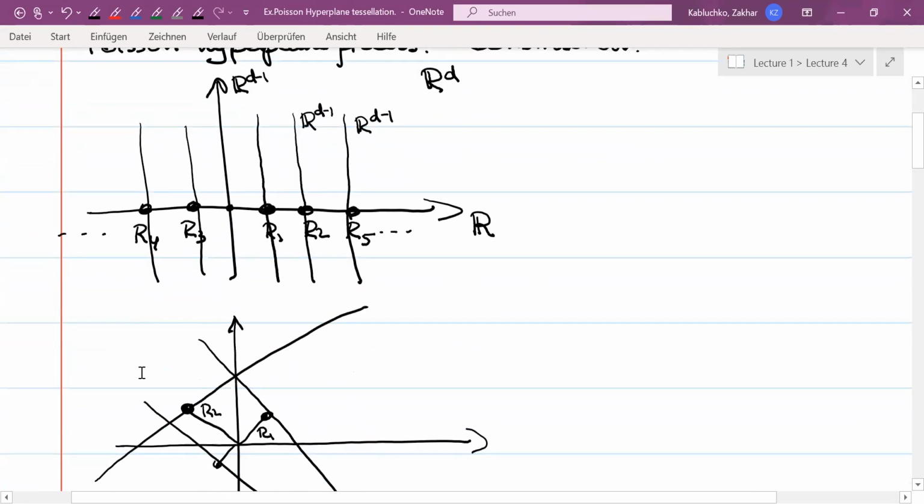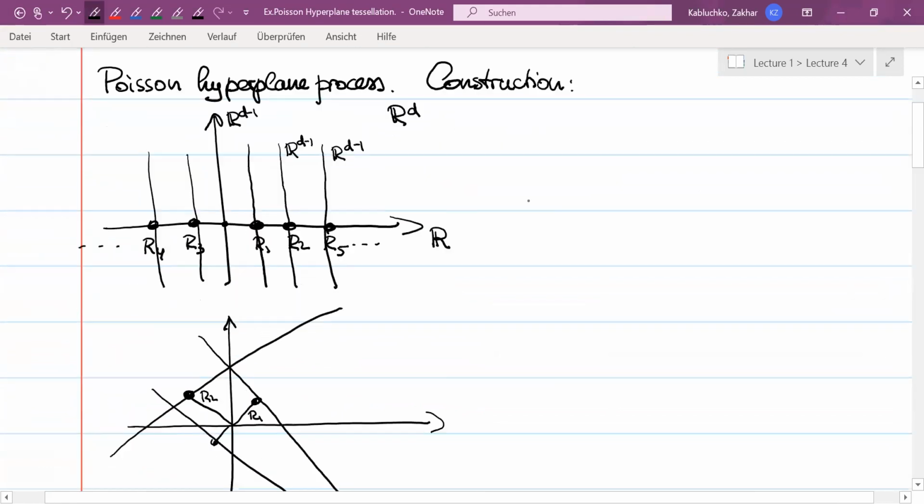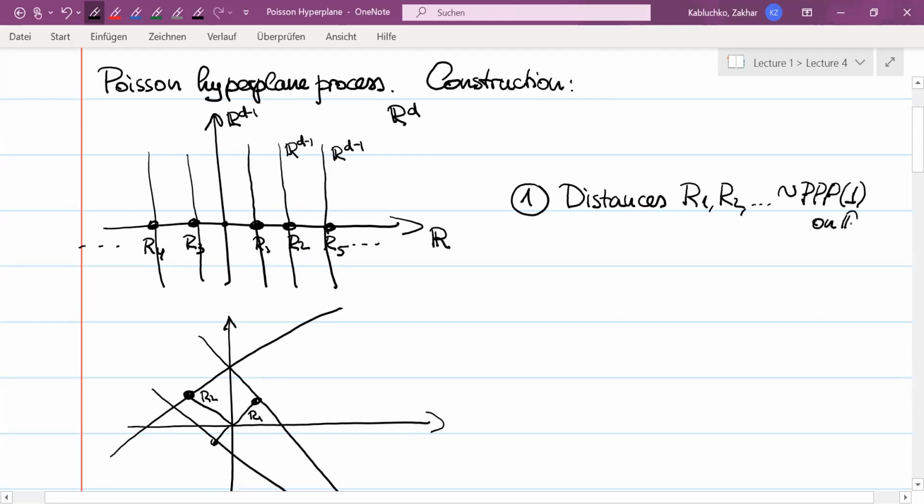Now, in general, the same can be done for hyperplanes, and here is maybe a more precise version of this construction. In the first step, we need distances R1, R2, and so on, which form a Poisson point process with intensity 1 on the real line. If you don't like the real line, you can also take the half line. It would give the same.